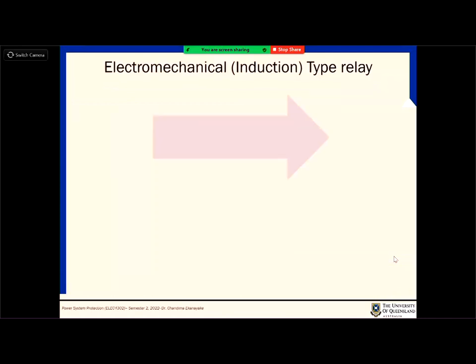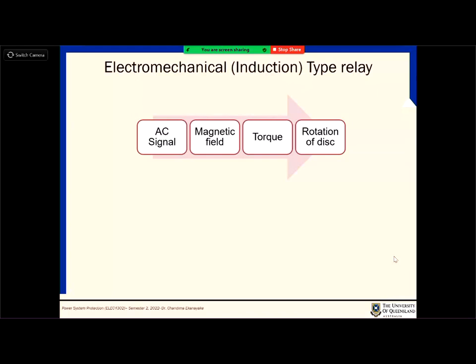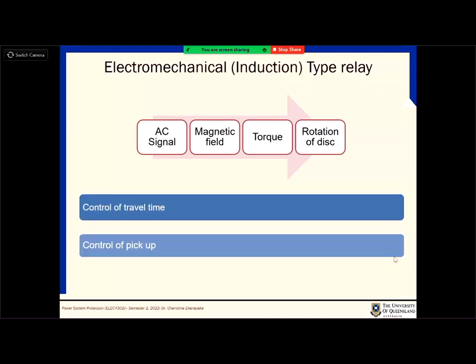So basically it has an AC signal, produces a magnetic field, torque, and then rotation of the disc. That's all. Then if we can control the travel time, we can change the operating time.